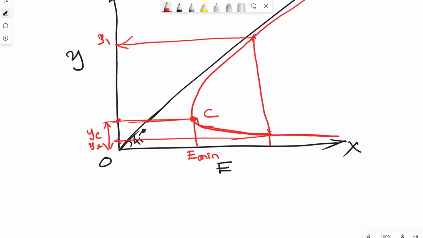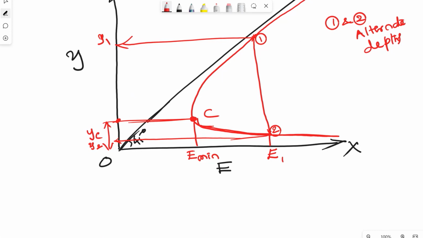These 1 and 2 are called alternate depths. At both points, the specific energy remains the same.